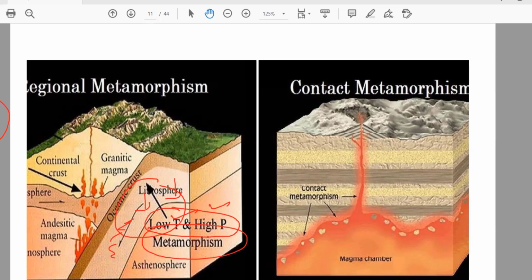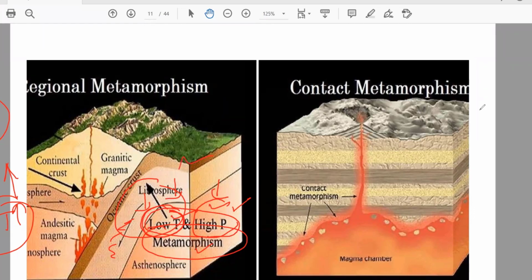Sometimes the high temperature can do this. Sometimes both high pressure and high temperature result in metamorphic rock. So if you see low temperature and high pressure, one is enough. Either temperature should be high or pressure should be high, and you can get metamorphism. No need to be confused about why it is written low temperature, because in the definition they have told you that it can be due to high pressure or high temperature or both together. Then metamorphic rocks are formed.